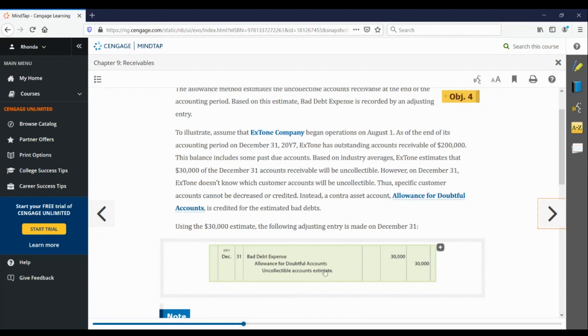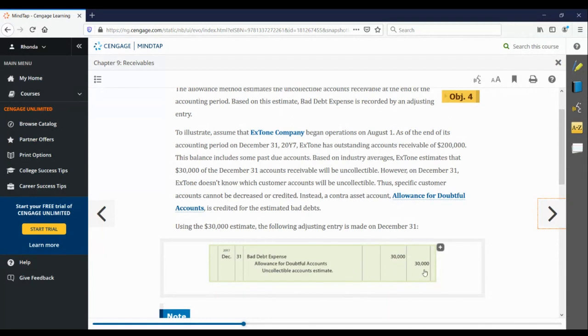Now our expense account, bad debt expense, has a balance in it of $30,000 at the end of this accounting period. This would be added to the balance in the bad debt expense account.